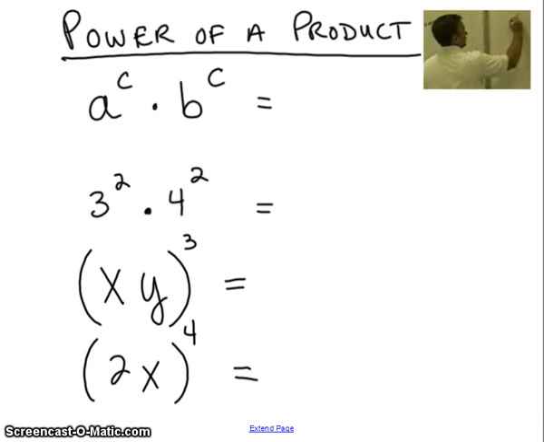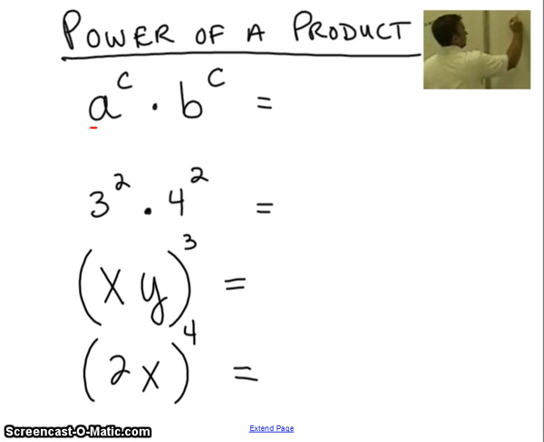The next property is the power of a product. For multiplying with the same power, we're just going to take the two things we're multiplying, and that's going to be to the same power.